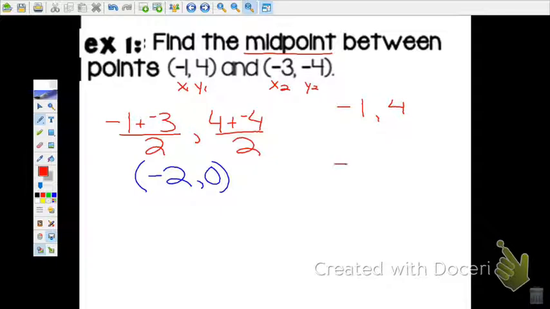The other endpoint is -3, -4. I'm looking for that piece in the middle. What's halfway between -1 and -3? -2. What's halfway between 4 and -4? 0.